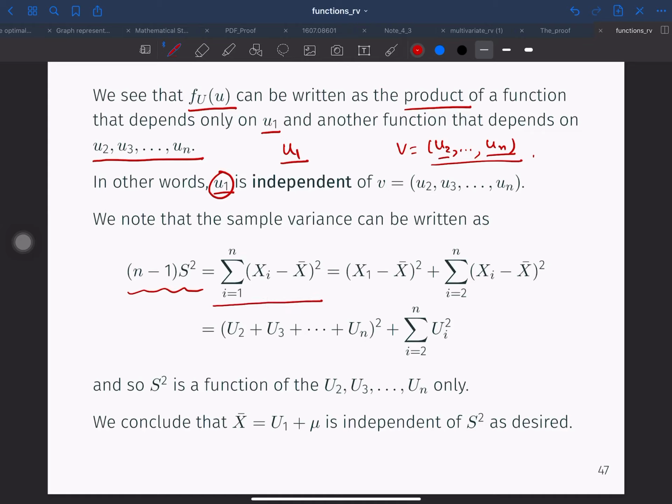And as we remember, x1 minus x bar can be written, technically speaking, as x1 minus mu plus mu minus x bar.